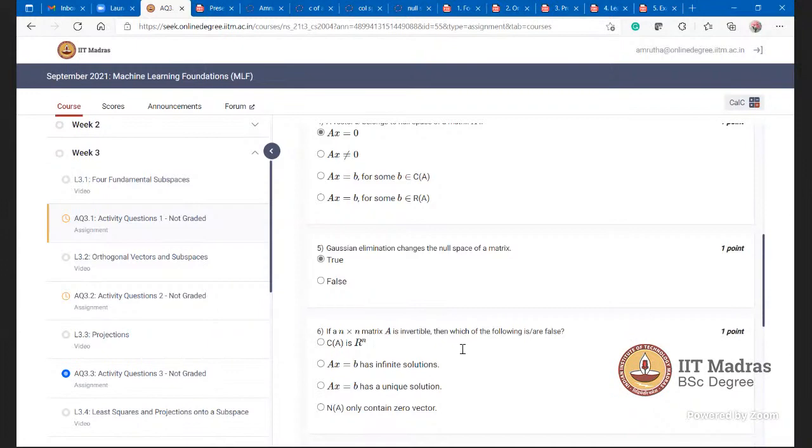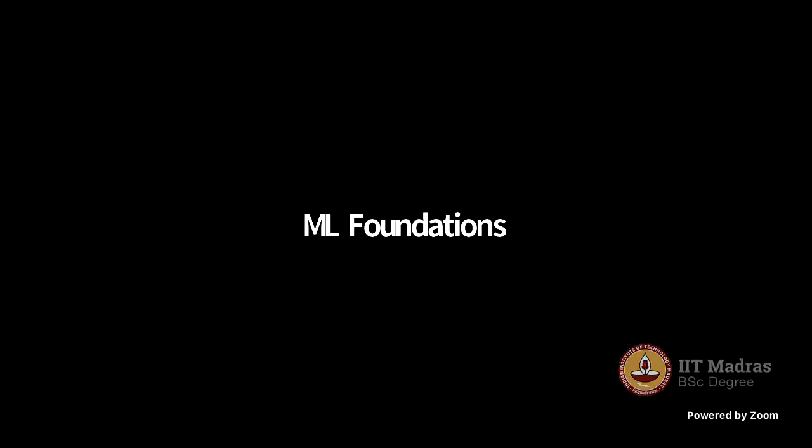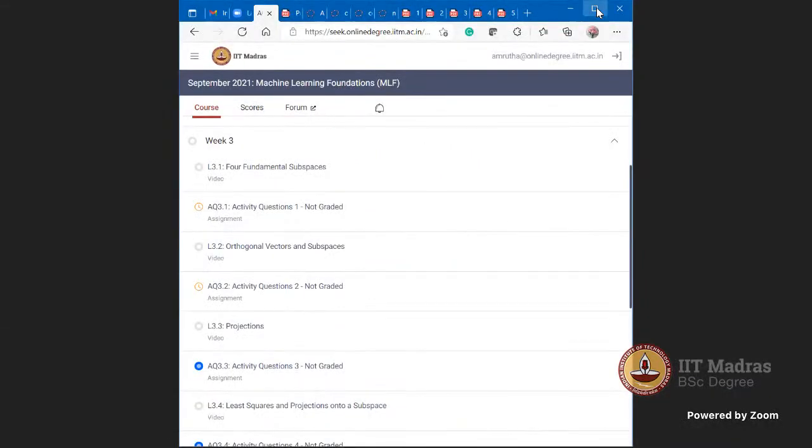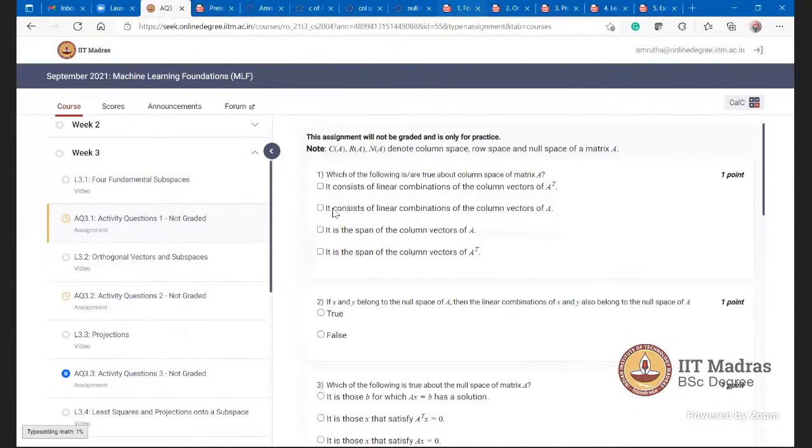Consider, for example, if you have a matrix A, then there exists a matrix B such that when you multiply these matrices, you get your identity matrix.